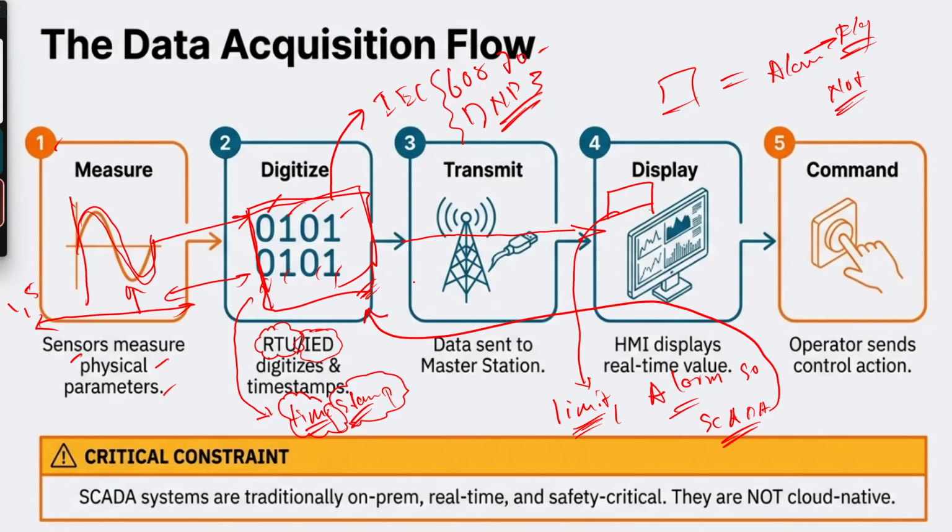Everything will be digital, and this is how the alarm will be set on and off. Now, once the SCADA system has compared the digital data we have received from the field devices, it will give one action.